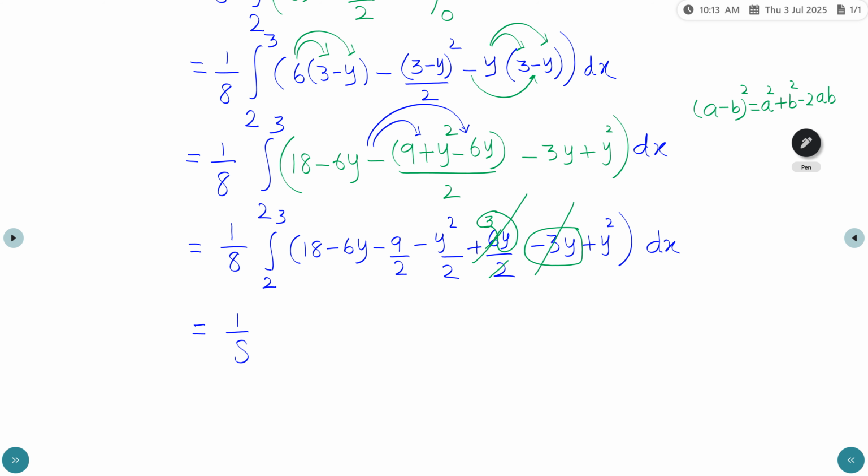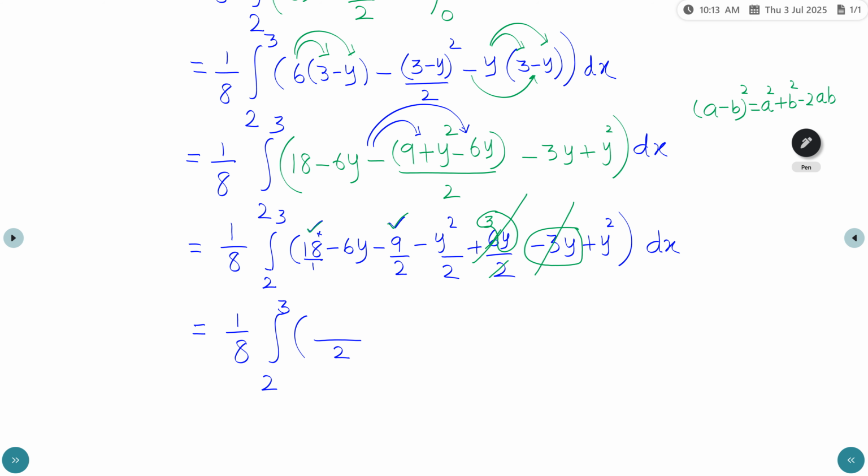1 by 8, integral over 2 to 3. First consider the numbers: 18 minus 9 by 2. The denominator is 2, so the LCM is 2.